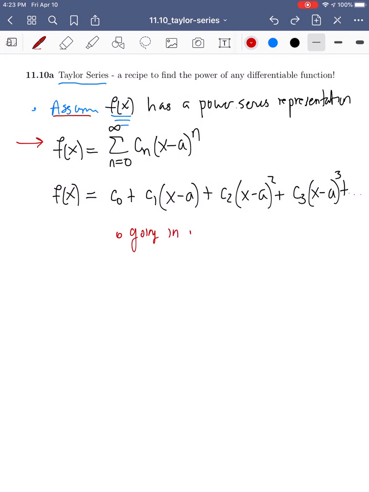So going in, we know a. In your mind for this exercise, you could think about a equaling, say, 0 or a equaling 1, but a is something that we know. We're choosing where to center this power series.